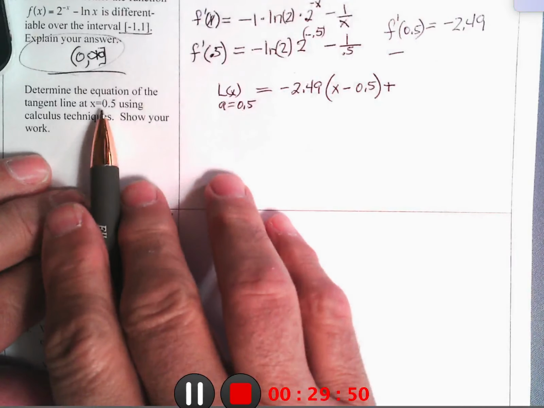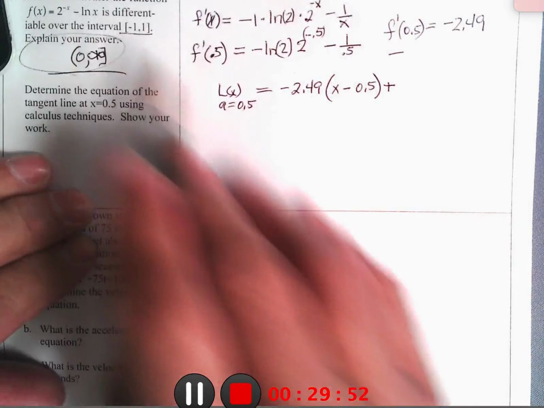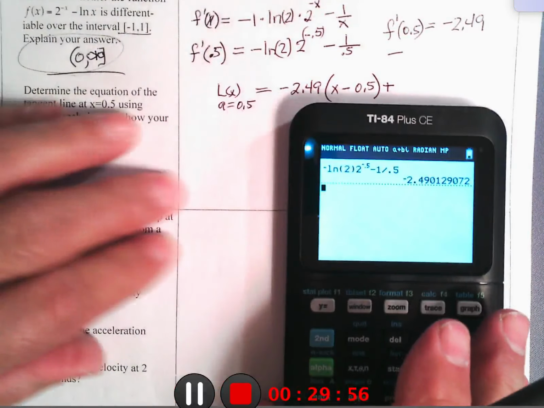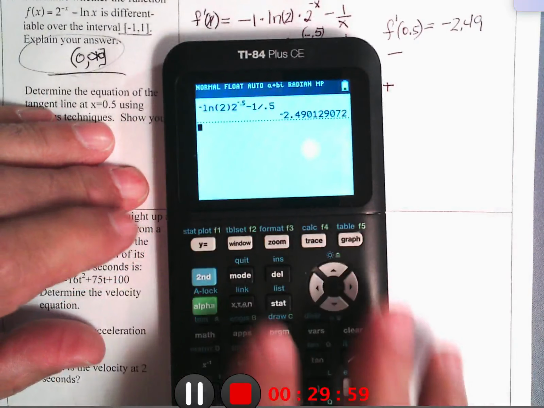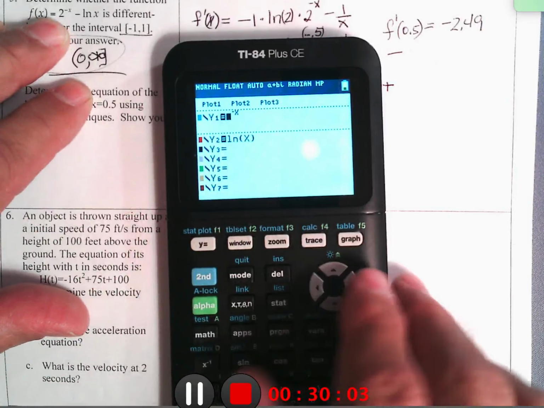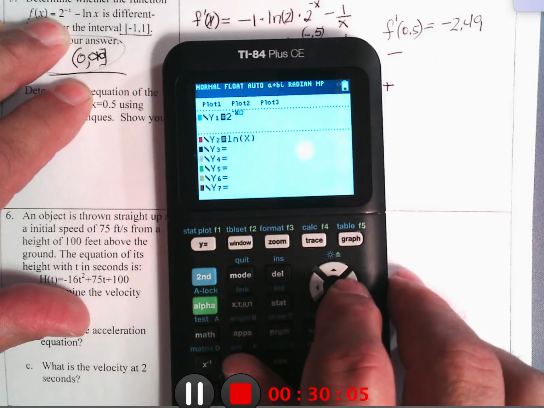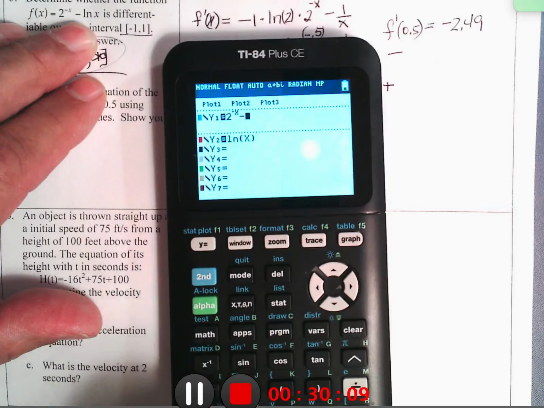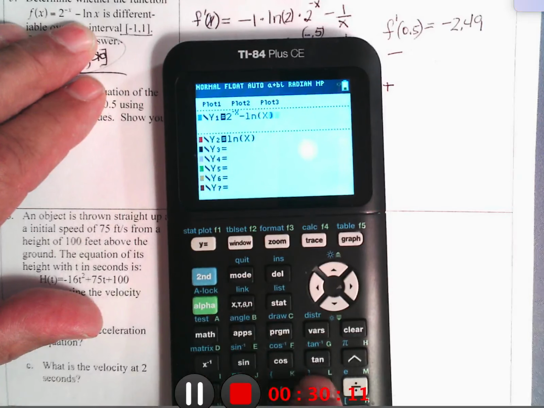So I got to put 0.5 into the original function. Actually I'm going to type it in here. This is the way I like to do it. 2 to the minus x minus ln x, close parenthesis. That's the original function.